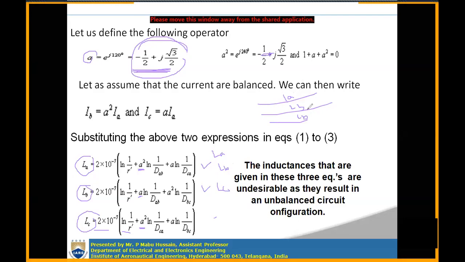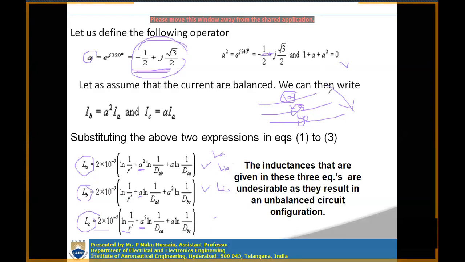If these are different, what about the voltage drops? The voltage drops will be different in all the lines. So at the receiving end you will have different voltages in all the phases.